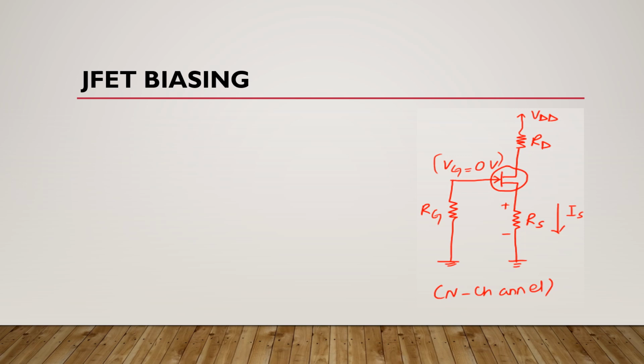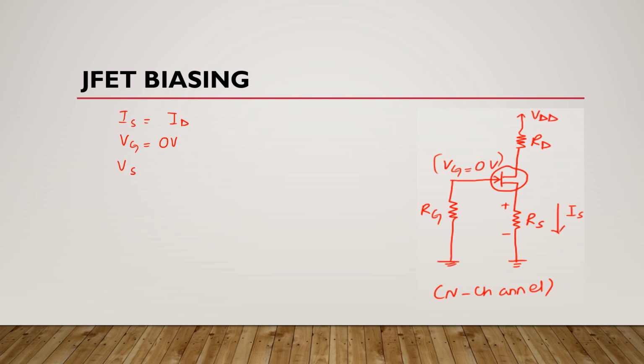Now for an n-channel JFET, this source current Is produces a voltage drop across this source resistor Rs, and it makes the source positive with respect to ground. Here we know that Is is equal to Id and Vg is 0 volts.